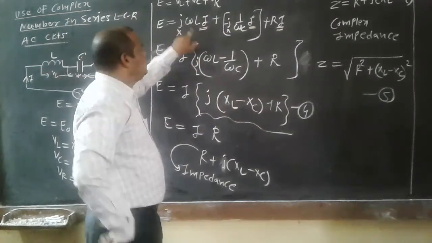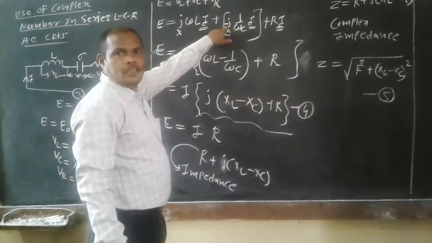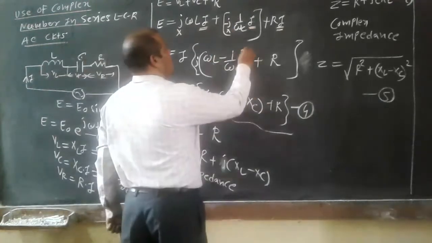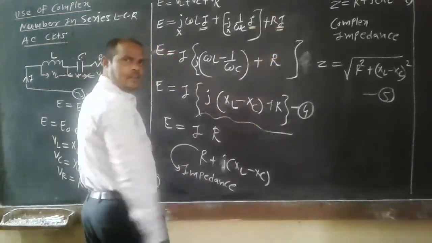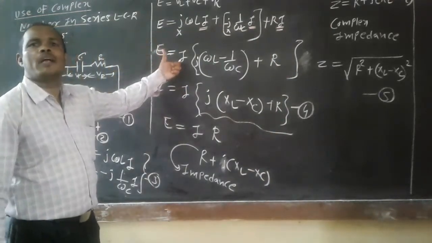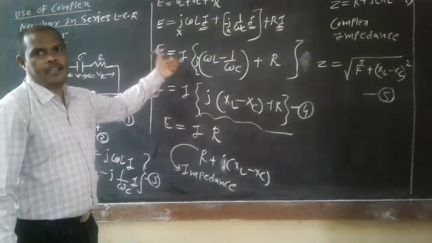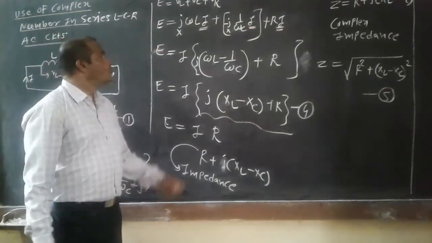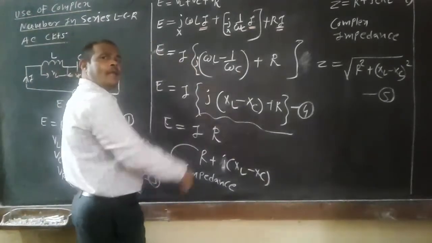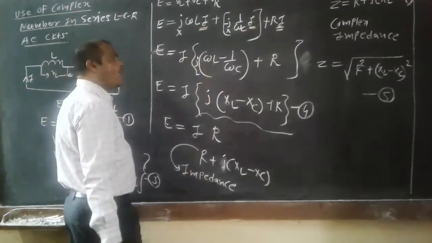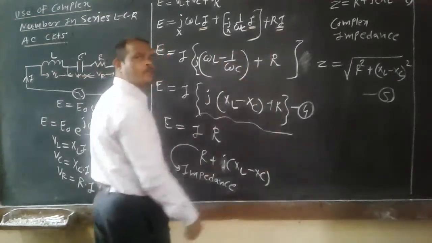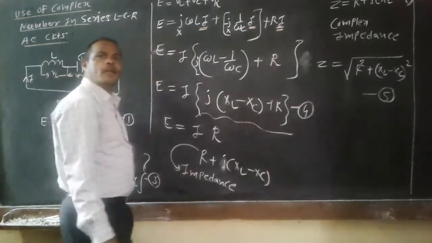In the first term remaining is omega L, minus in the second term remaining is 1 upon omega C, then bracket complete, plus R as it is, and I is already taken outside the bracket. So EMF or total voltage E is equal to I into curly bracket j small bracket omega L minus 1 upon omega C, small bracket complete, plus R, and the curly bracket complete.